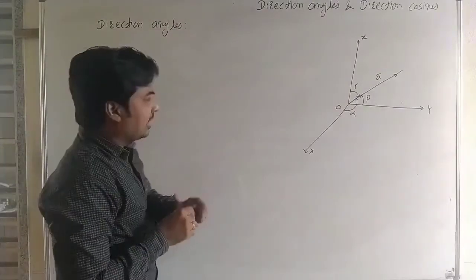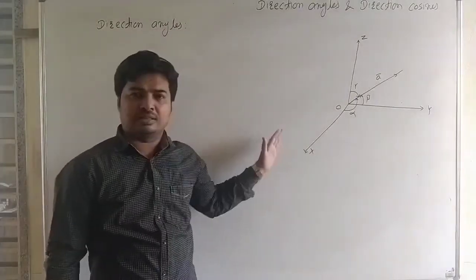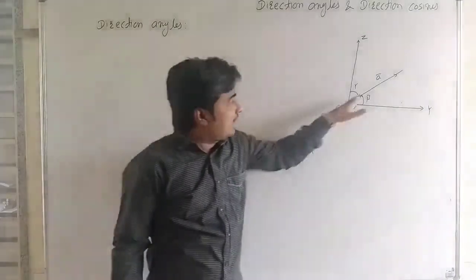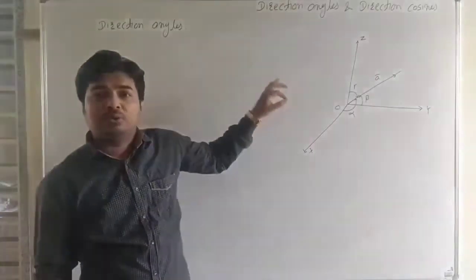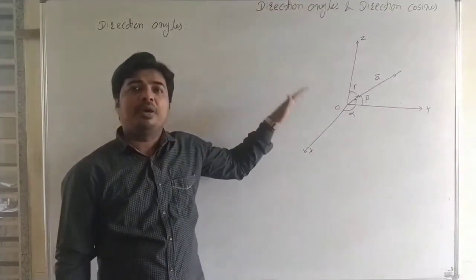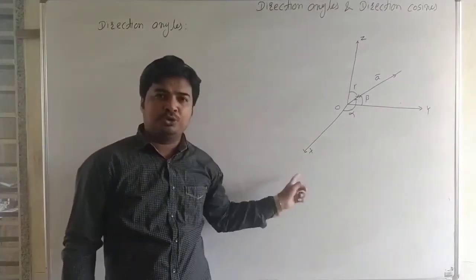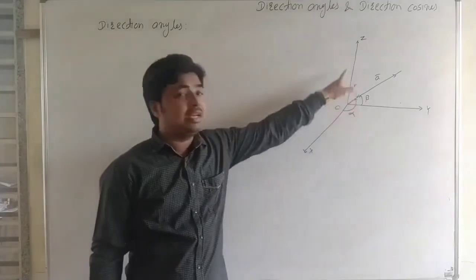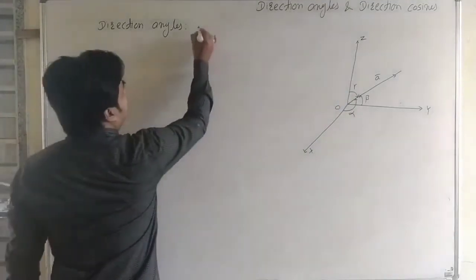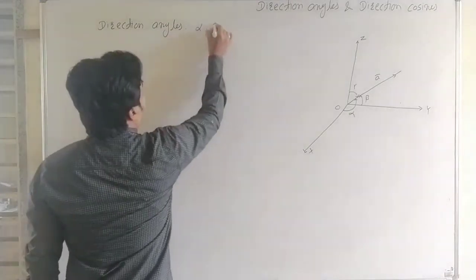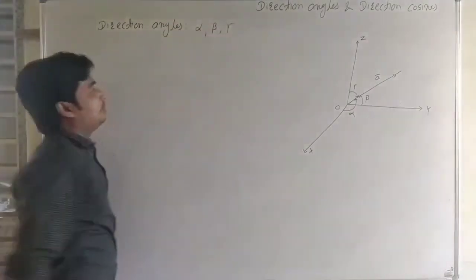Definition: the direction angles of a vector are the angles made by the vector with the positive direction of the x-axis, y-axis and z-axis, and they are denoted by alpha, beta and gamma.